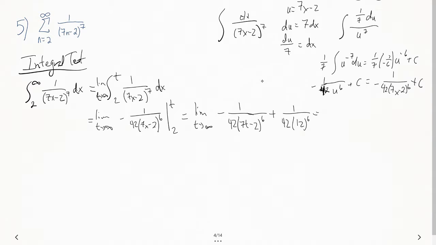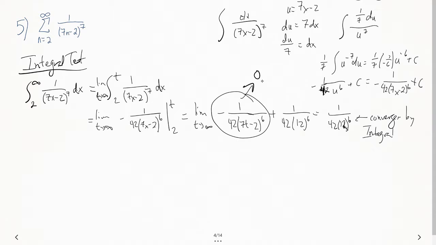So this whole thing shoots off to 0. So our final answer is 1 over 42 times 12 raised to the 6th power. So this tells us it converges by the integral test, which is quite a bit of work for that result.